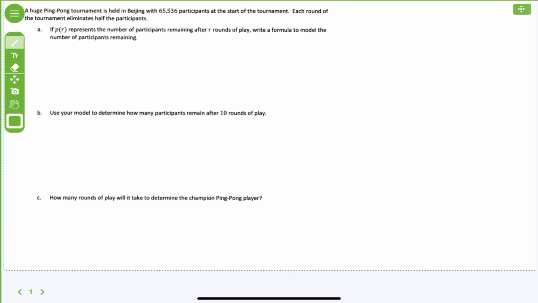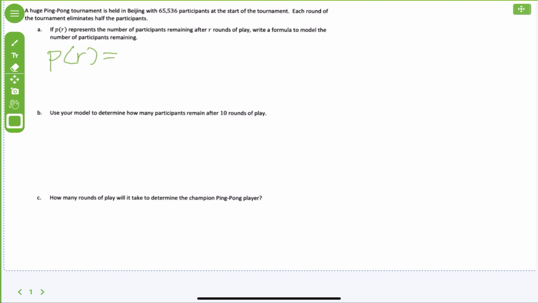So what we would do there, let's start with P of R, okay? And now, remember that you always have to have your beginning population or your beginning number, or if we're talking about money, you have to begin with your principal.